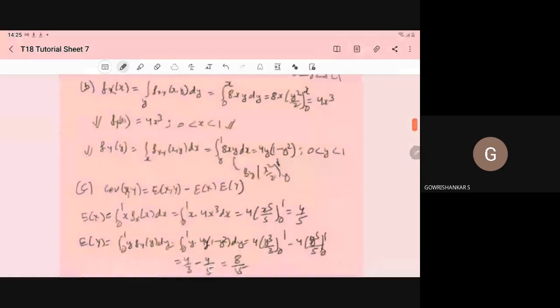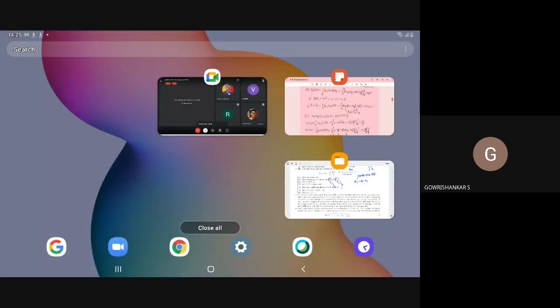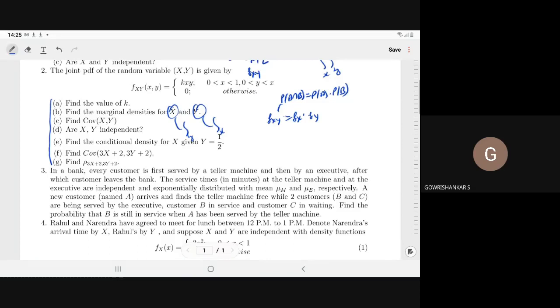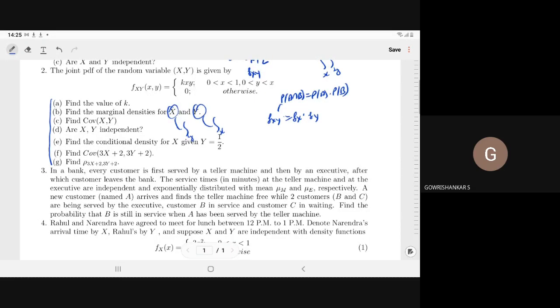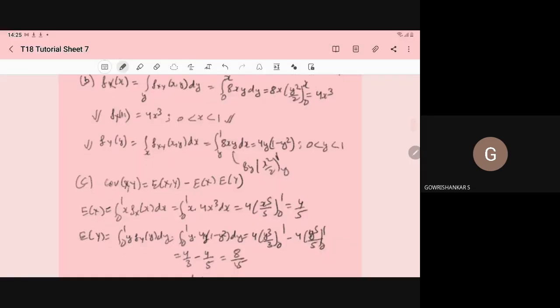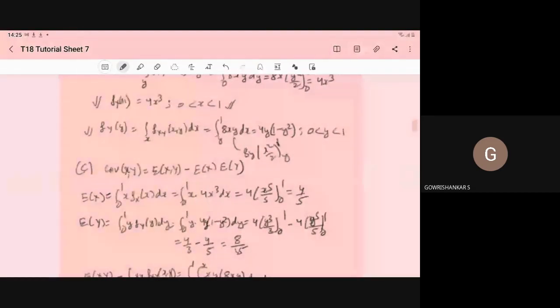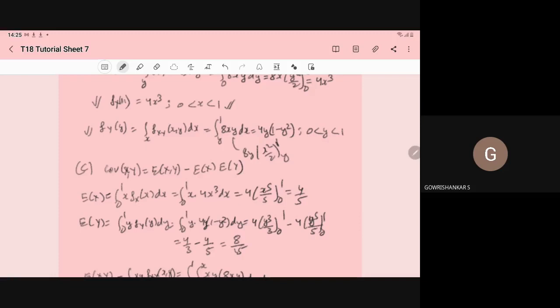Then after that we have a special expectation called the covariance. So in the next part, the C part, we have to compute the covariance between the x and y. Covariance between x and y is a special type of expectation.